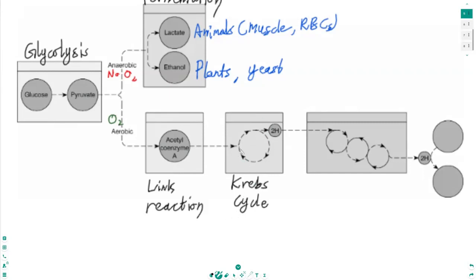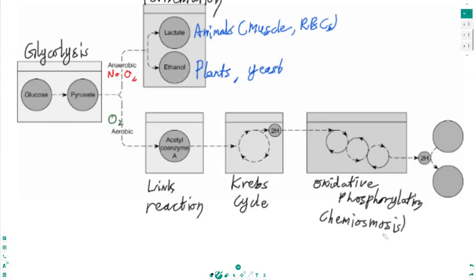So this acetyl-CoA will be fed into the Krebs cycle to produce lots and lots of NADH and FADH2, more on this in the incoming videos. And that NADH and FADH2 will then be fed into oxidative phosphorylation and chemiosmosis, where you get mass production of ATP.